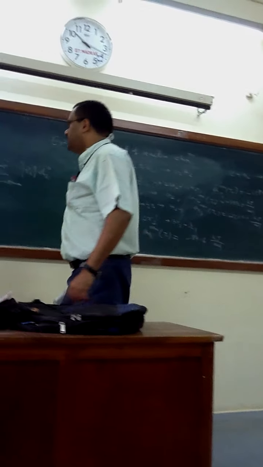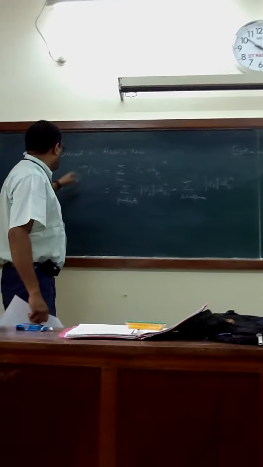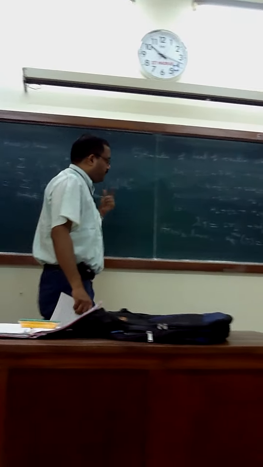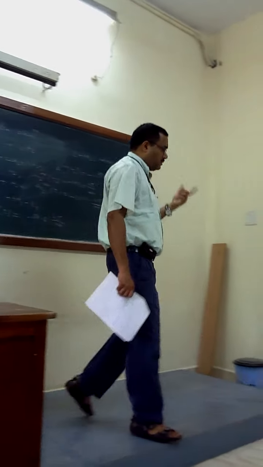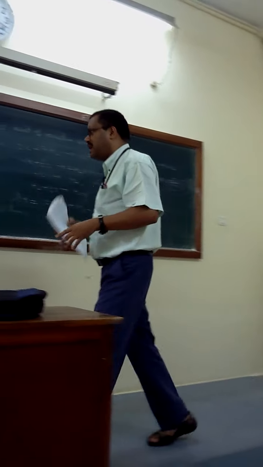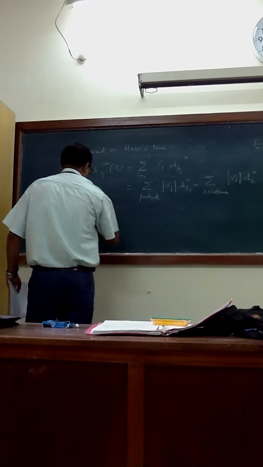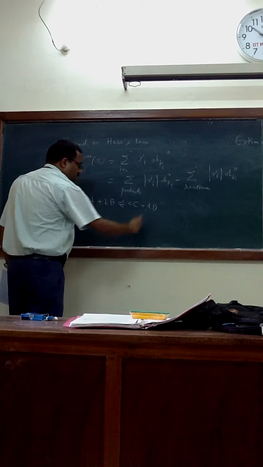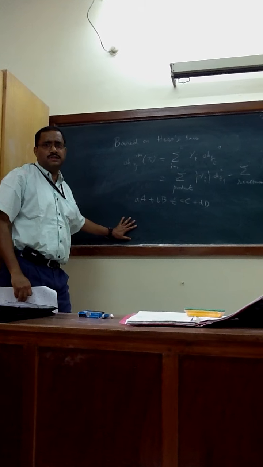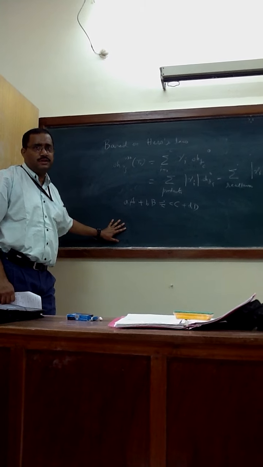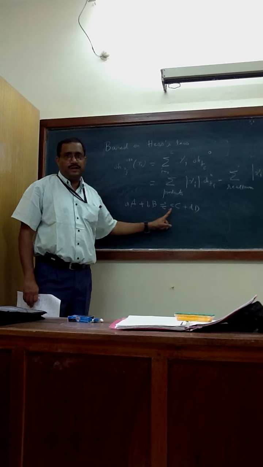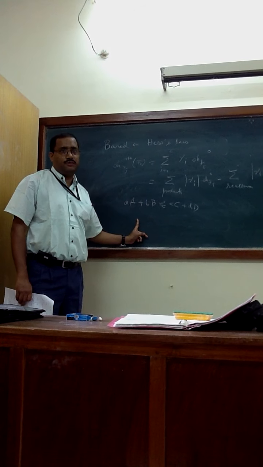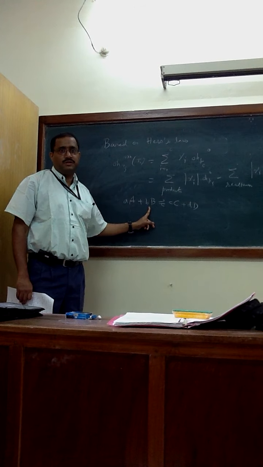This we have already discussed in the stoichiometry. We took a reaction aA plus bB going to cC plus dD. I was talking about delta H reaction. It will be what? It will be c times heat of formation of C plus d times heat of formation of D minus a times heat of formation of A minus b times heat of formation of B.